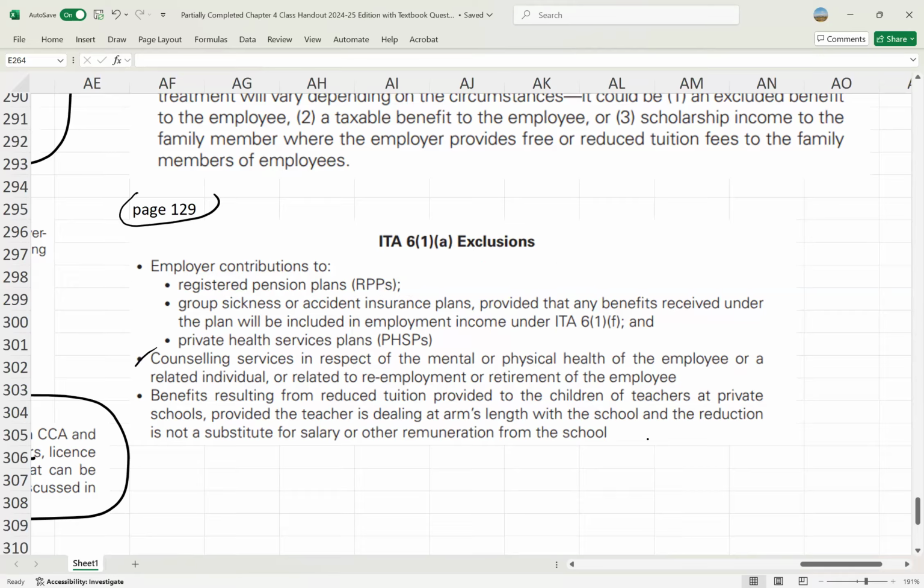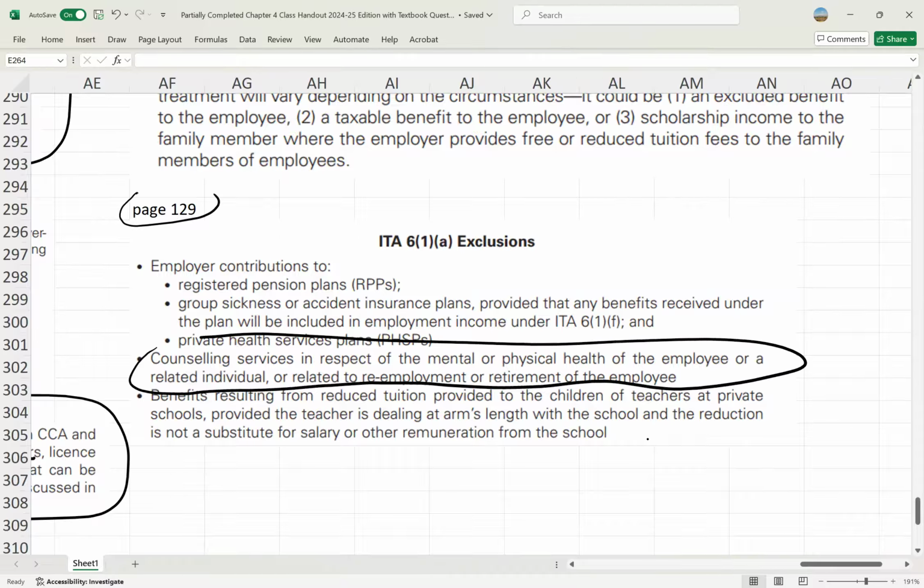What about counseling? If the counseling is with respect to mental and physical health, excluded, not a taxable benefit. If it's related to re-employment or retirement counseling, excluded, not a taxable benefit.